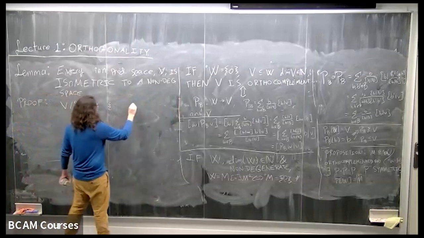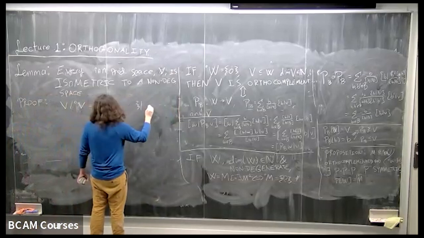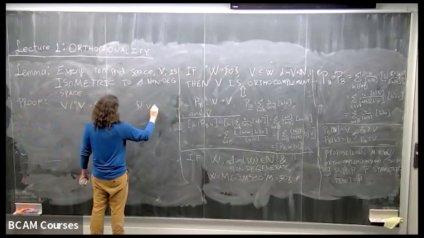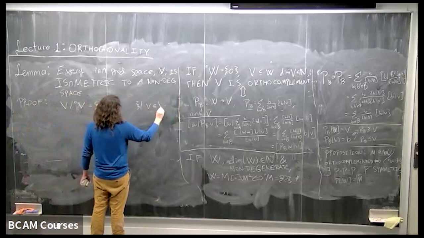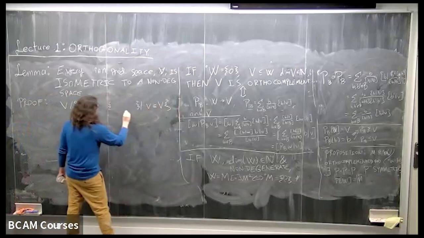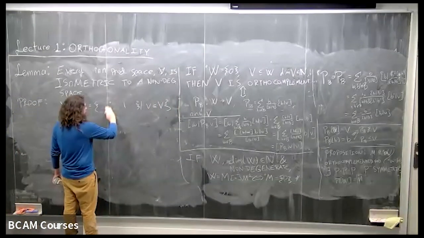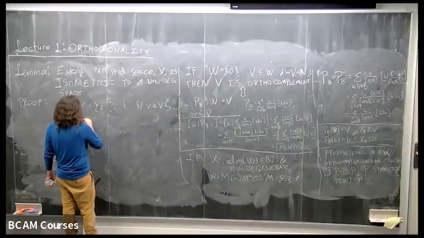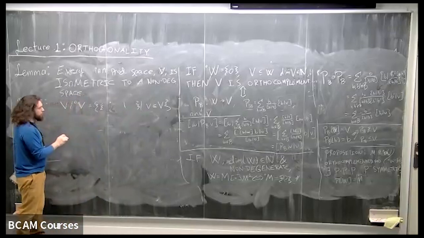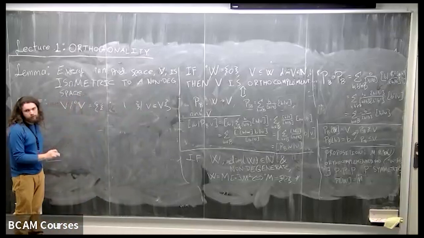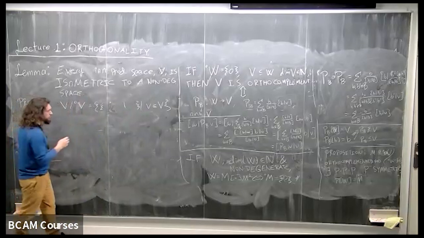Let's see, so if I give you, say, V, it's the set of equivalence classes of this V, where the equivalence is defined by two elements being equivalent if you can relate them with an isotropic vector.